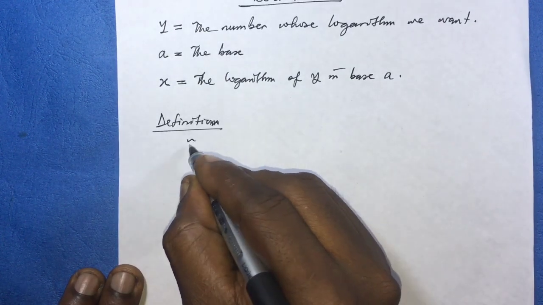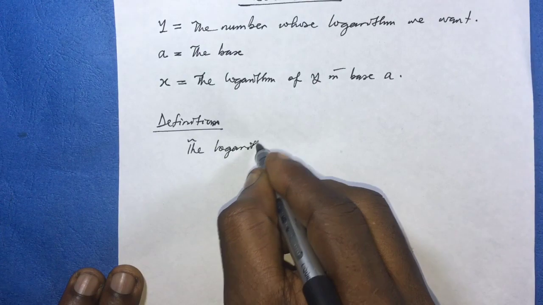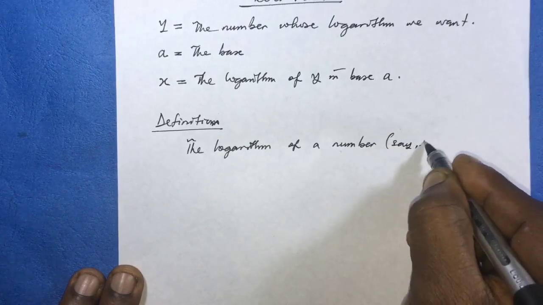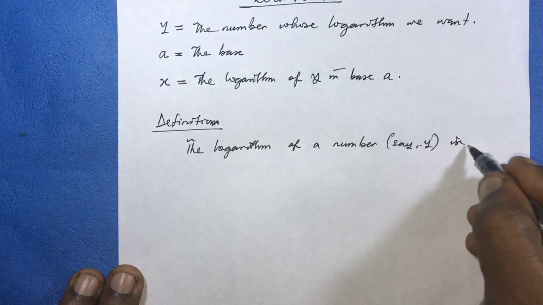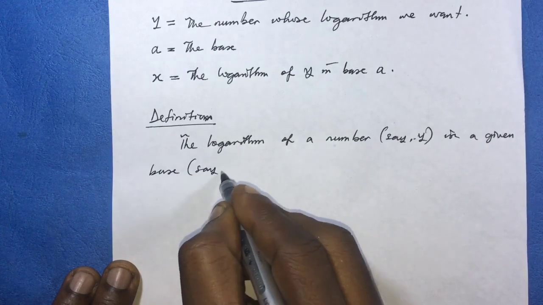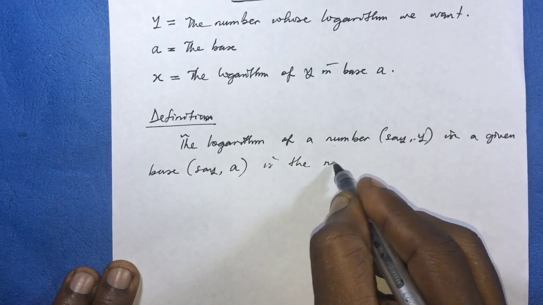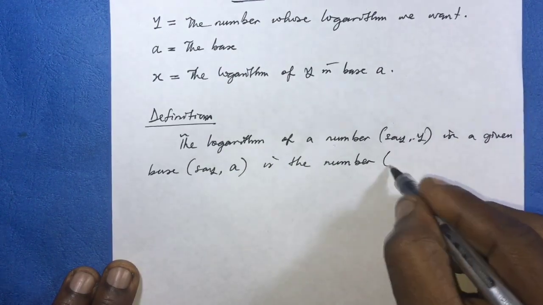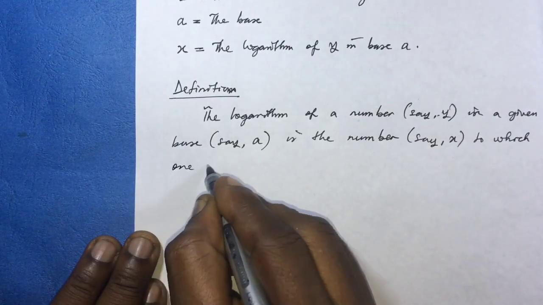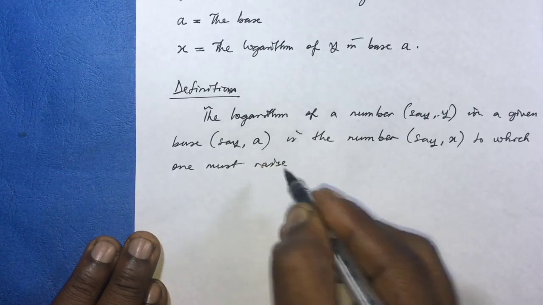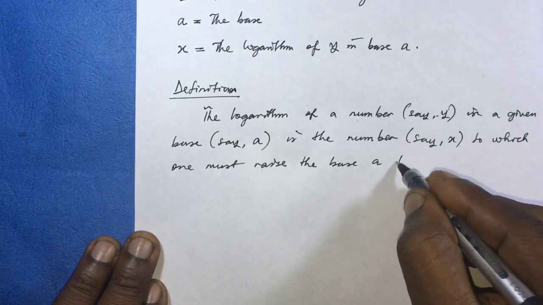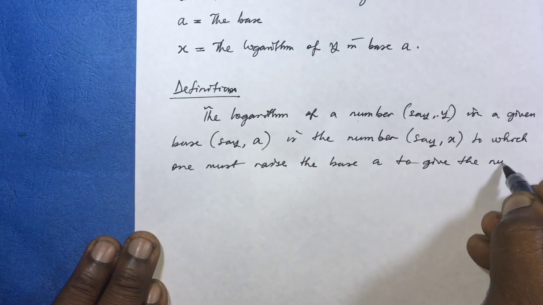So mathematically we define the logarithm of a number, in this case say y, in a given base, say a, as the number, say x, to which one must raise the base a to give the number y.